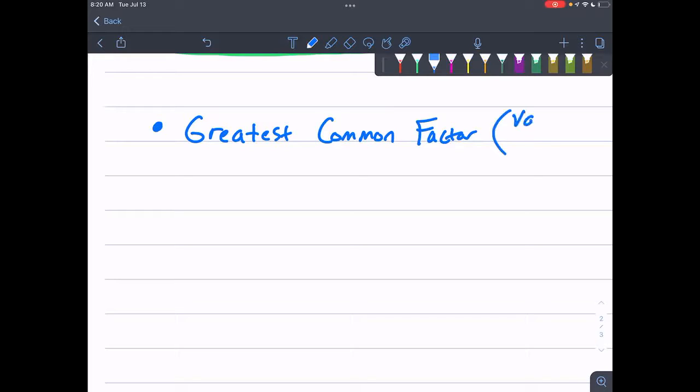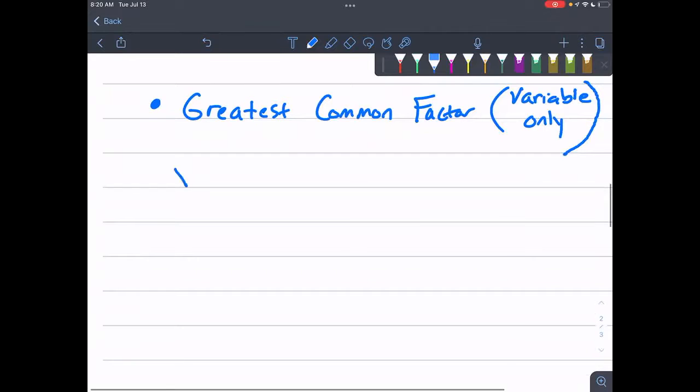Greatest common factor, variable only. Hopefully not confusing at all.